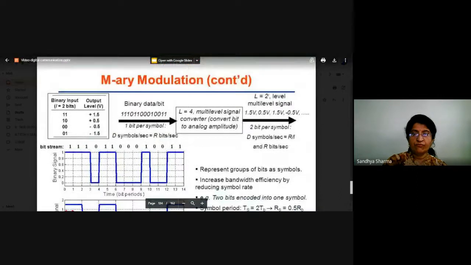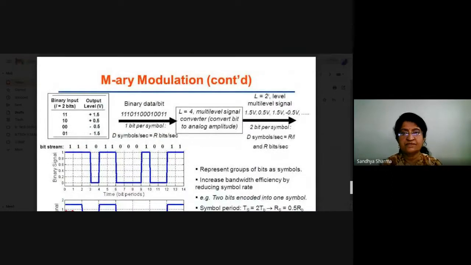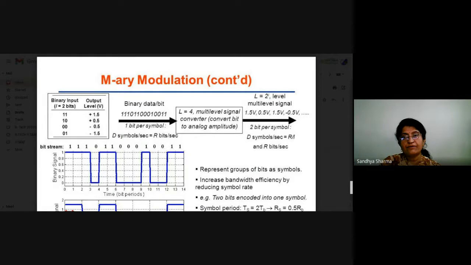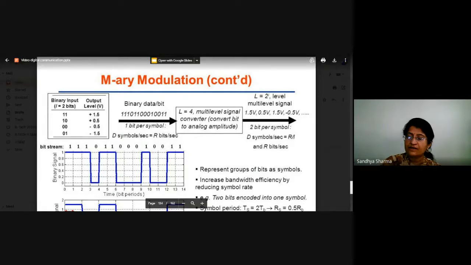L is equal to 4 multi-levels. That is basically the combination of 00, 01, 10, 11, and you can also say here 1.5 volt, 0.5 volt, minus 0.5 volt, and minus 1.5 volt. So those are the four levels which we have to represent.